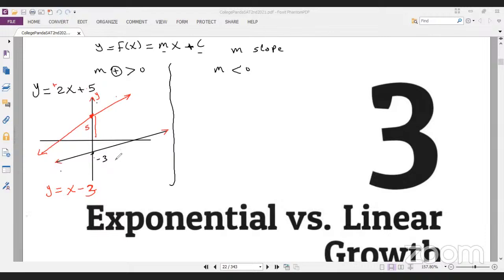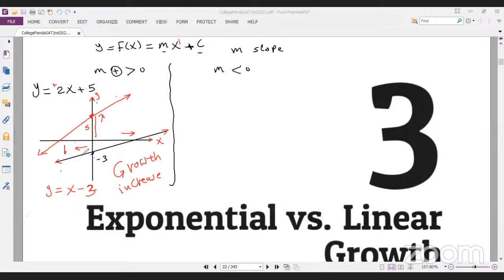Any question about positive slope? This is called growth, linear growth, because it's a first-degree line or equation. The relationship between x and y is increasing if both have the same behavior. That means x increases, y increases, or x decreases, y decreases as well.